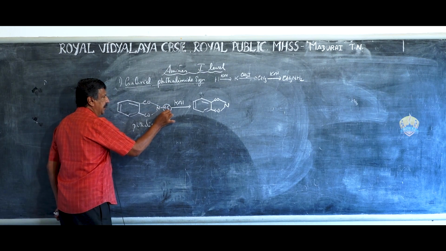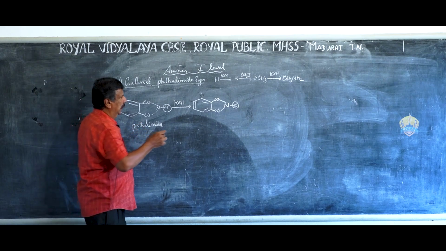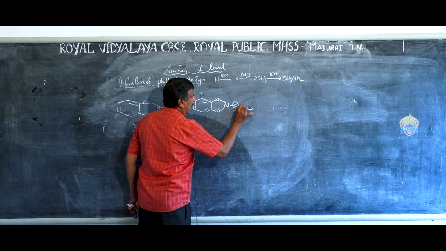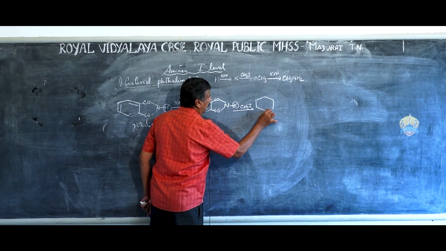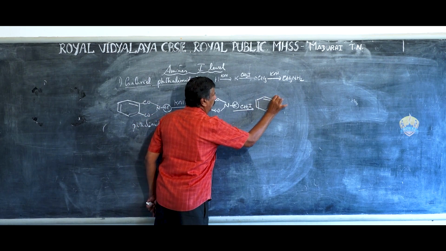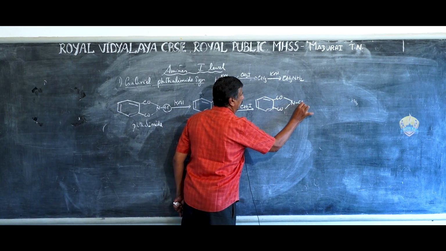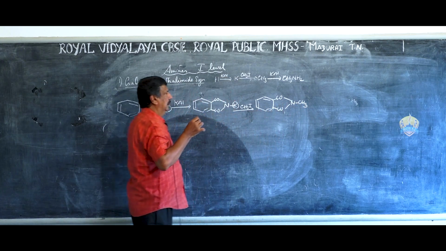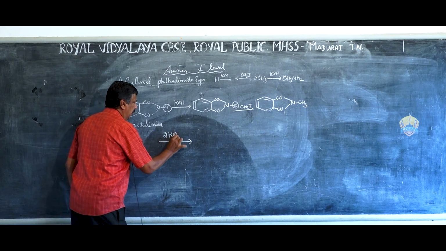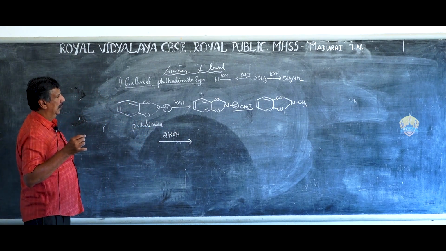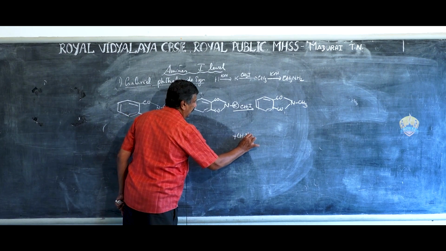This H is converted into K. Then you treat with methyl iodide. The K will be converted into methyl. Then again, you treat with potassium hydroxide. The product is over like this, methylamine.